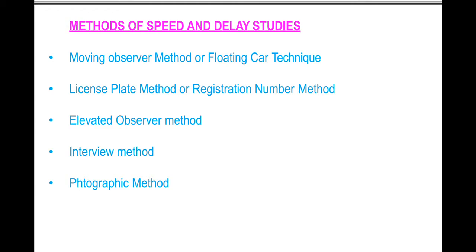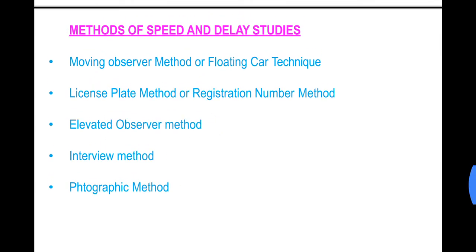The next method is elevated observer method, in which the observer or the surveyor is placed at a point of high elevation. He might be placed at a building tower at a height and he observes the vehicles which are moving inside the study area from that height. So he can observe, for the vehicles moving from point A to point B, what are the delays, why are the delays being caused, what is the delay time, what is the running time.